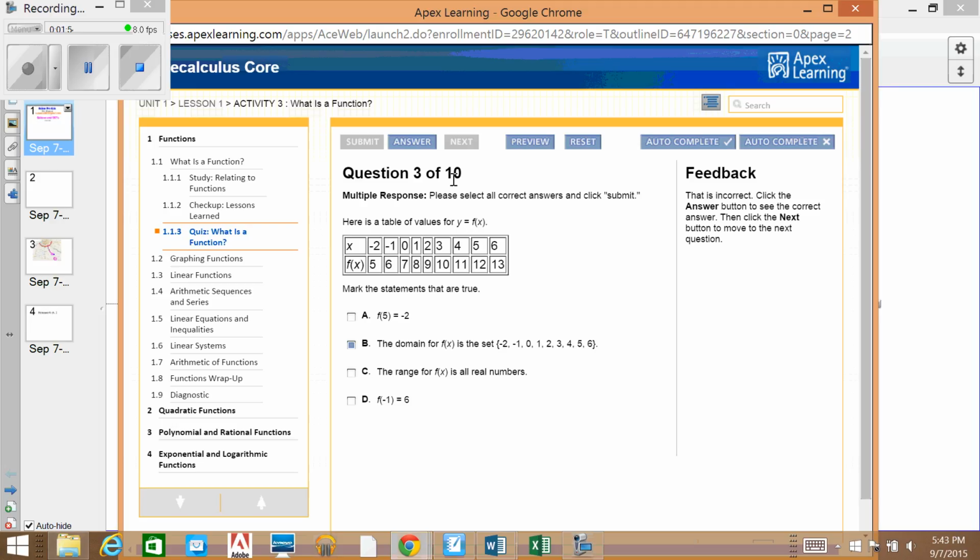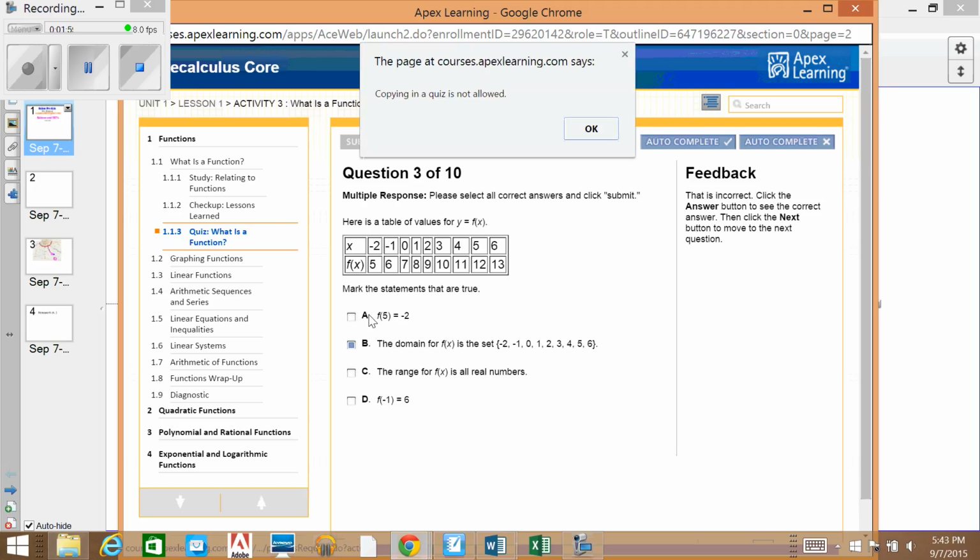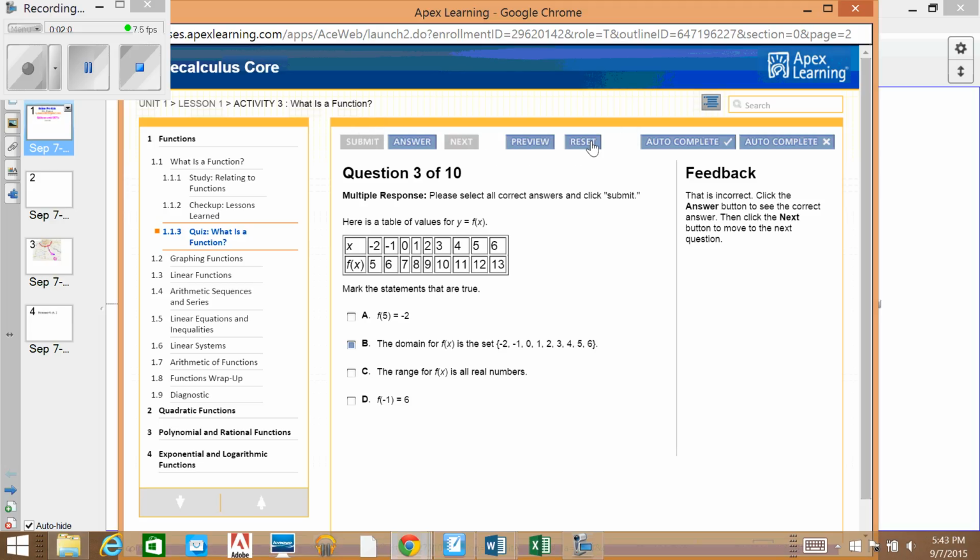Now, on a question where it asks for more than one answer, if you selected one of the correct ones and you selected one that was incorrect, you got the answer partially correct. Or let's say you didn't read the question properly and you only selected one and there were actually two, well then you got the answer partially correct. And this goes for tests as well. When that happens, if you want to get partial credit for one of those types of answers, you need to email me.